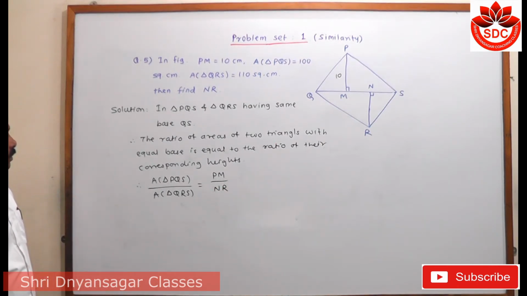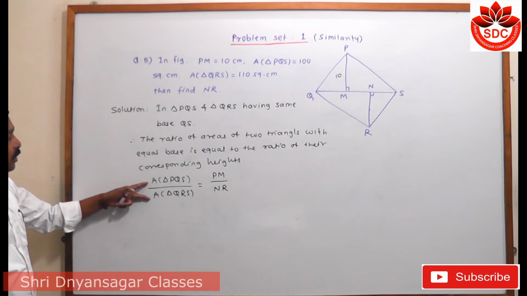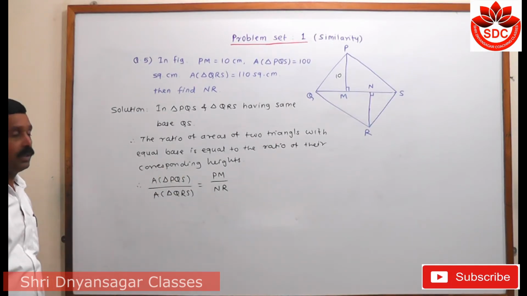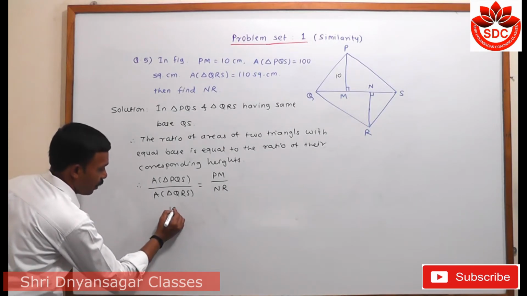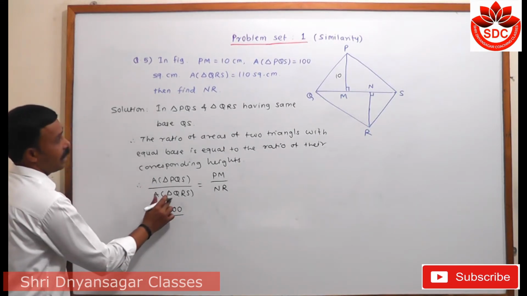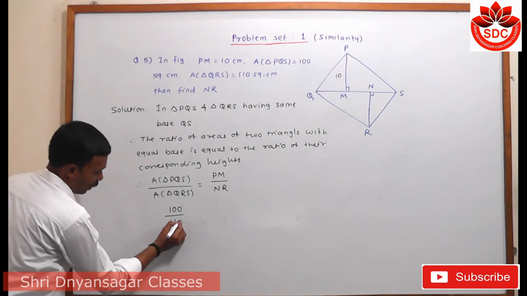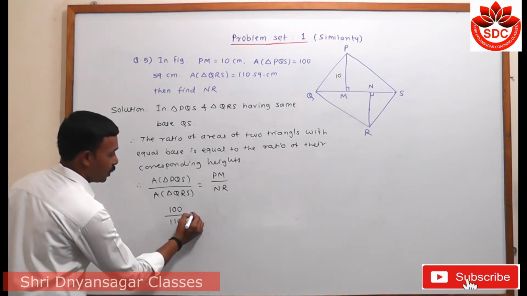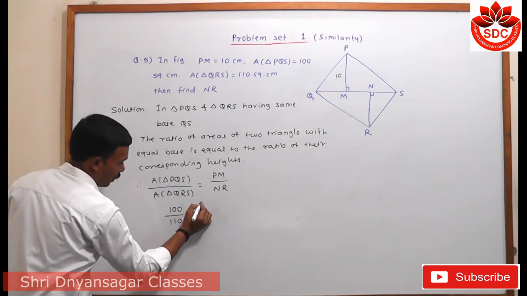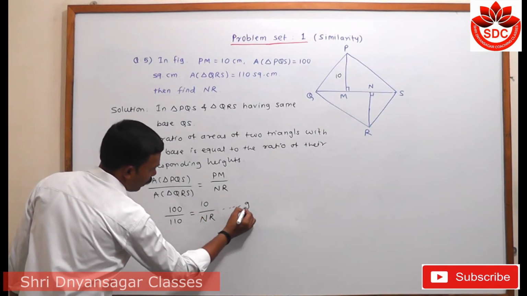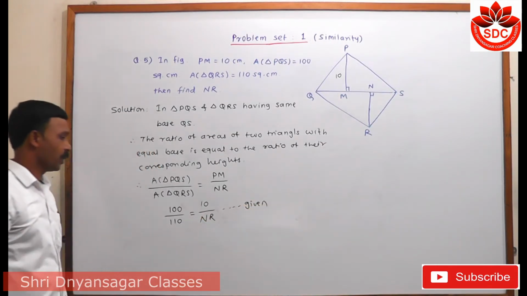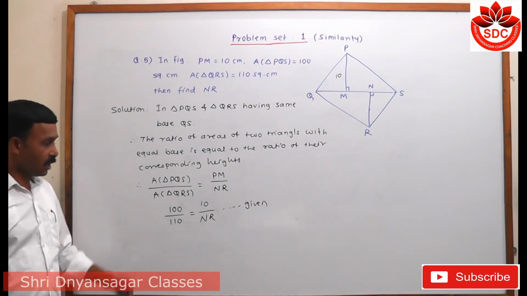Now we substitute the values of the two areas and PM, which are given. So area of triangle PQS is 100 upon 110 square centimeter, equal to PM, which is given as 10 centimeter, upon NR. We have to find the value of NR. Then by cross multiplication.